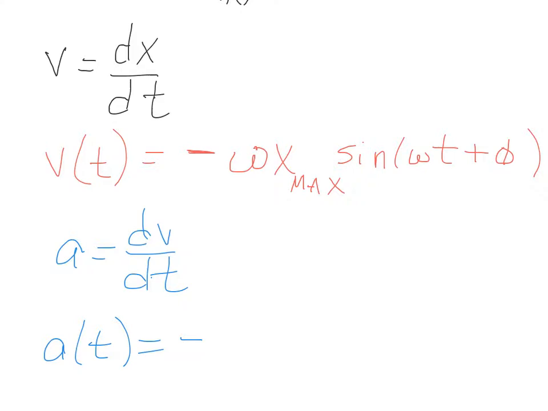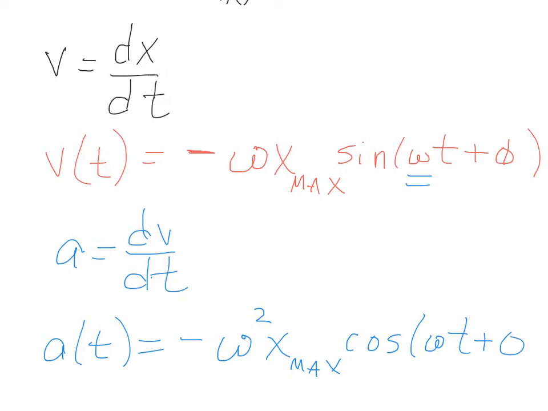The chain rule is going to introduce another omega, so we're going to have an omega squared. Then everything else will look pretty much the same. We've got the maximum position, called the amplitude. Now we're back to a cosine function whose argument is still omega t plus phi. And so there we have all three functions.